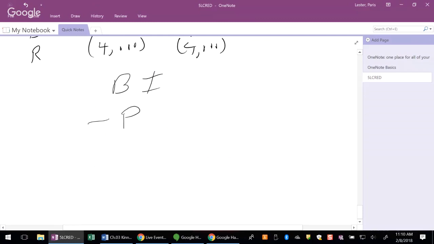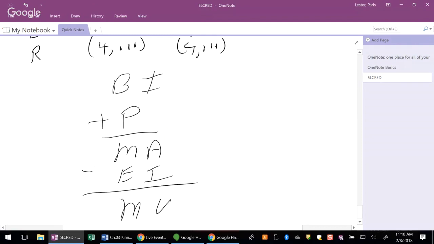You add purchases, which I have on the test. That gives you materials available, minus ending inventory gives you materials used. Now that's what goes on your manufacturer statement, materials used.